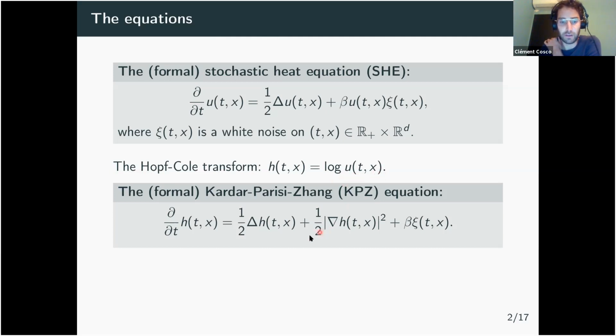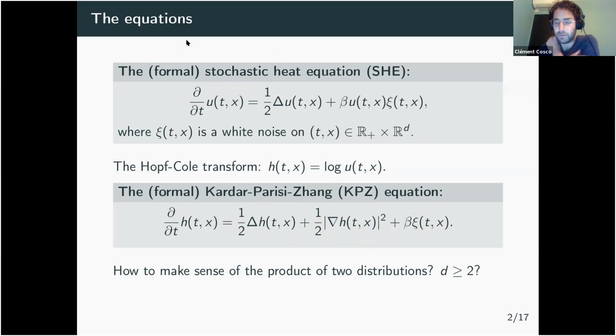And then you will end up with an SPDE, which has an extra term, which is the square of the nabla of H, plus noise. But this noise is not multiplied this time by the solution.